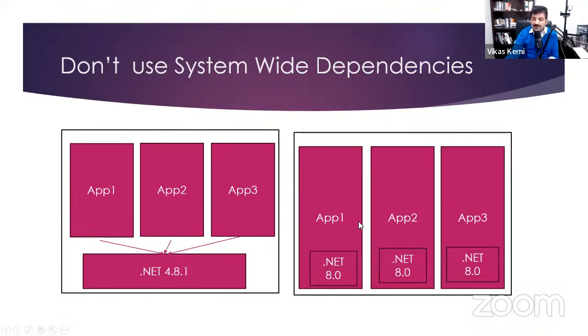One advantage is that if this virtual machine or server goes down, I can just lift and shift these apps to another server. I don't have to worry about system-wide dependencies. That is the benefit of this factor two law: never use system-wide dependencies.